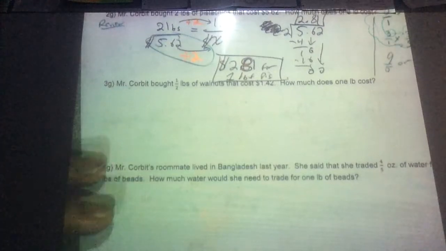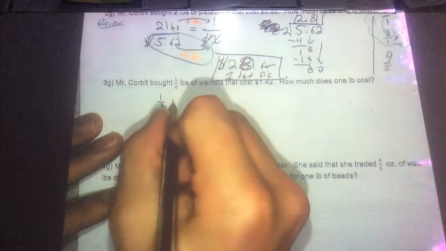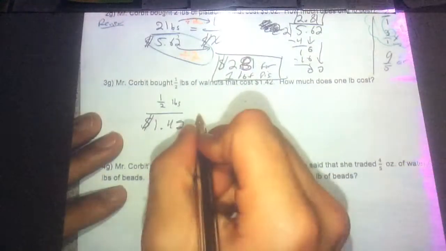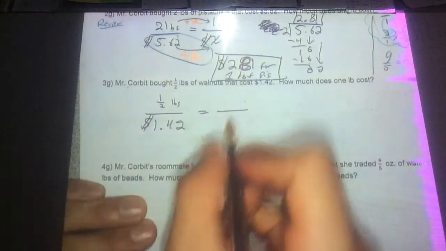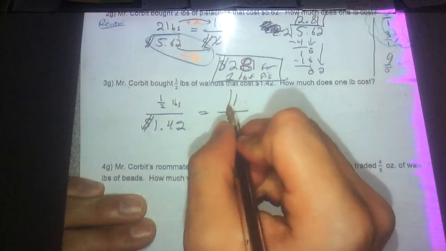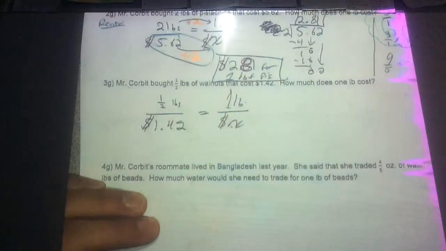Okay, Mr. Corbett bought 1/2 pounds of walnuts that cost $1.42. How much does 1 pound cost? Now if I put the 1 pound here, it'd be incorrect. Let's make sure that the units are nice and lined up. And here, the dollars are also going to be lined up.